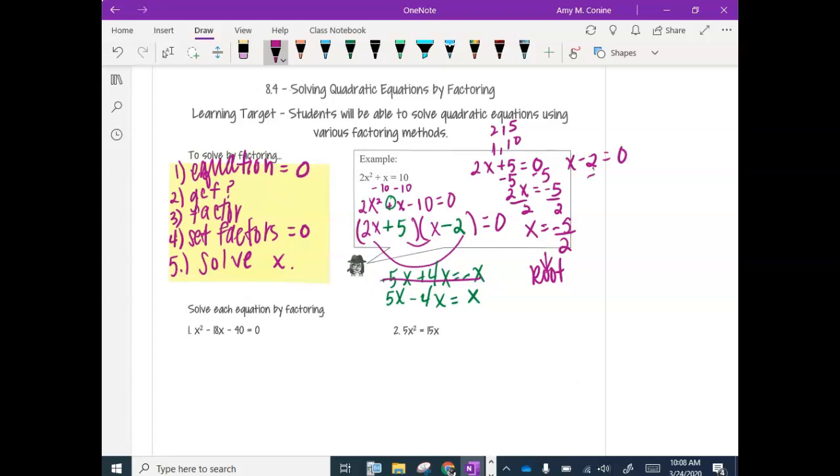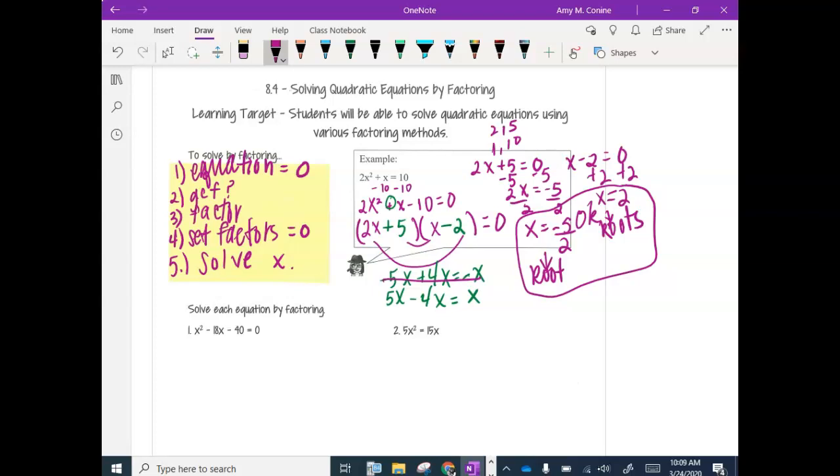So now this one we'll add 2 over our x minus 2, and we get a positive 2. So we say that for the quadratic, an answer for either of these can be x equals negative 5 over 2 or x equals 2. And that's all we're doing. And we're just going to solve for x each time.